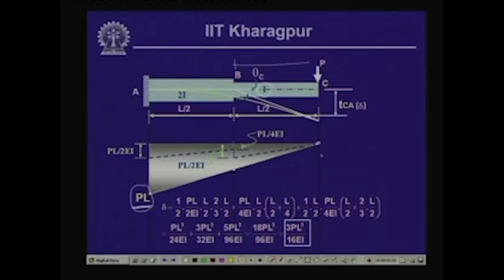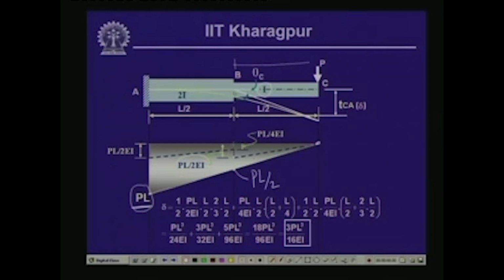At this particular point the bending moment value is PL by 2. If we divide this by the EI value, then the ordinate of the M by EI diagram at this point becomes PL by 2EI.